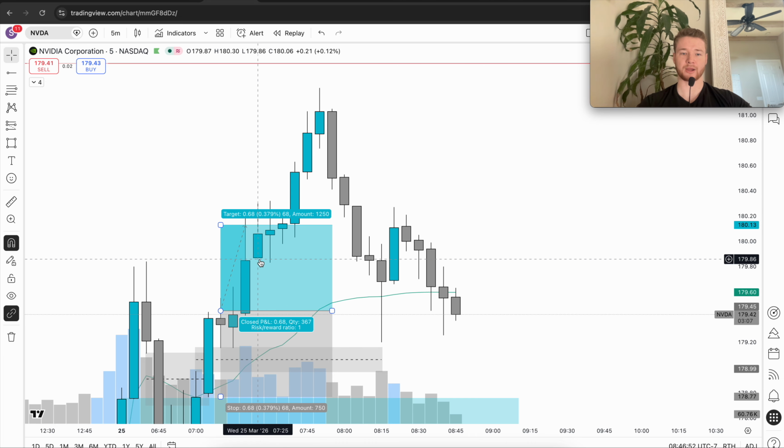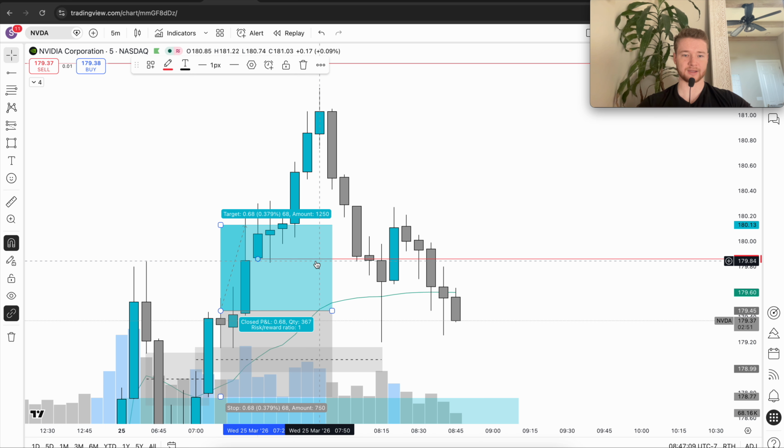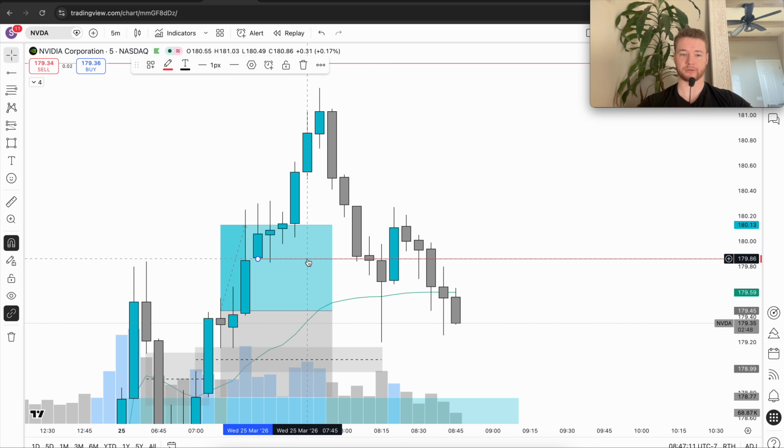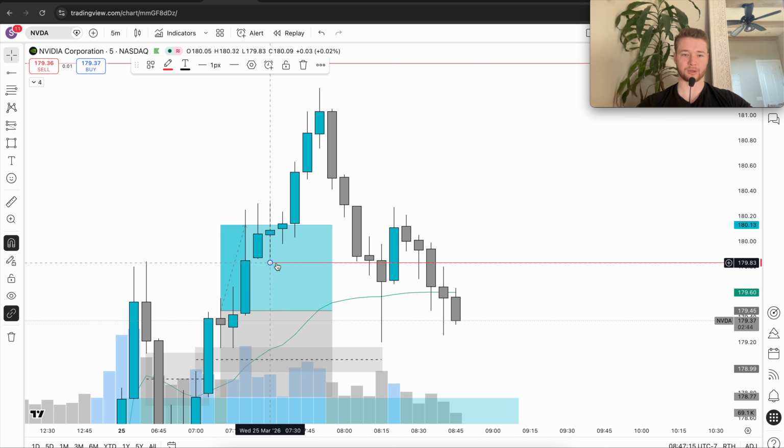Then I'm trailing my stop loss based on a candle close below the low of the previous candle. So let me show you what that looks like. When this candle was forming, if we closed below this candle's low, this red line, then I would have stopped out. Then once this candle closed, my stop loss was here.